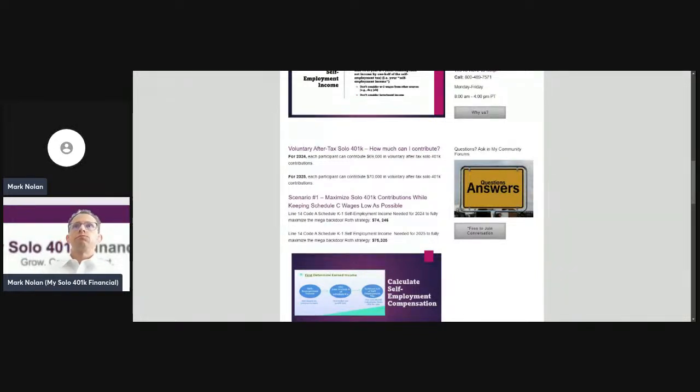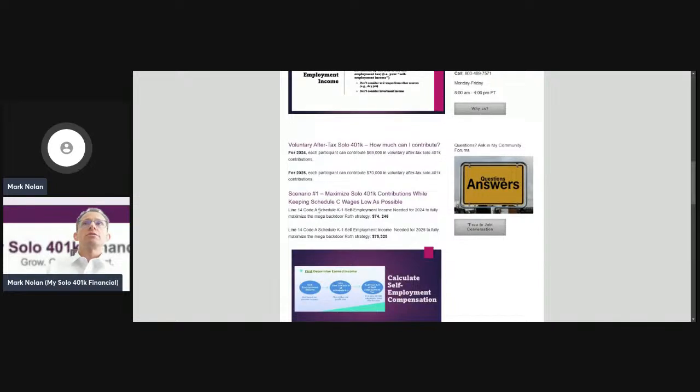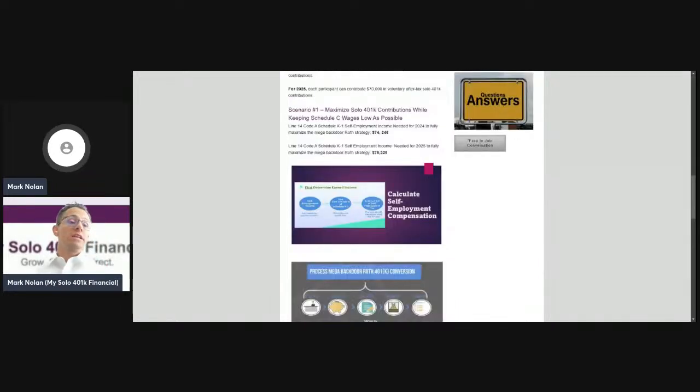So the first scenario we're going to do is for 2024. So you're going to need at least $74,246 of line 14 code A Schedule K-1 self-employment income to fully maximize the $69,000 overall contribution limit to the voluntary after-tax solo 401k for 2024, which would then get converted to the Roth solo 401k or the Roth IRA.